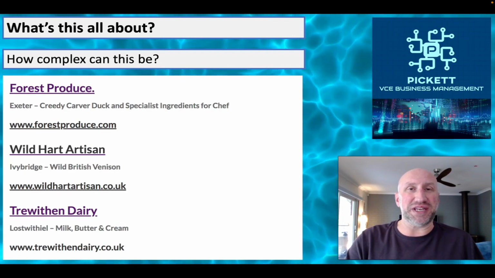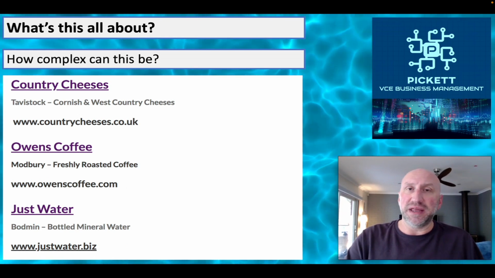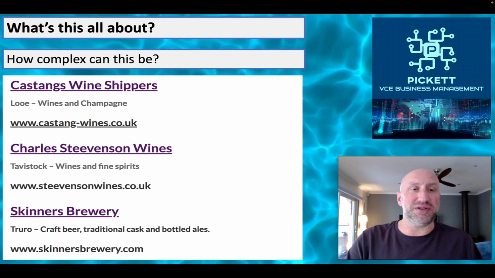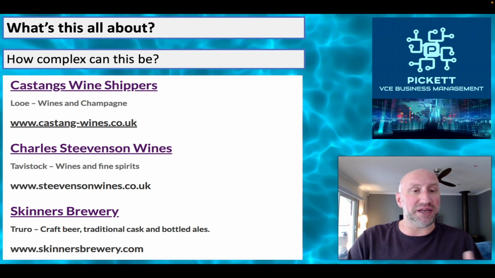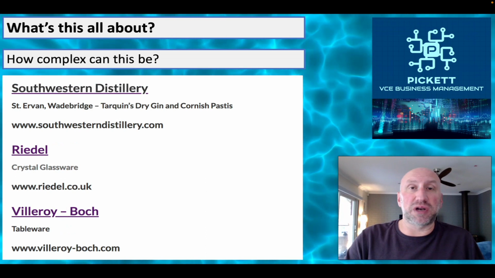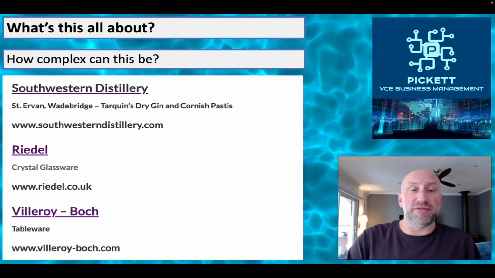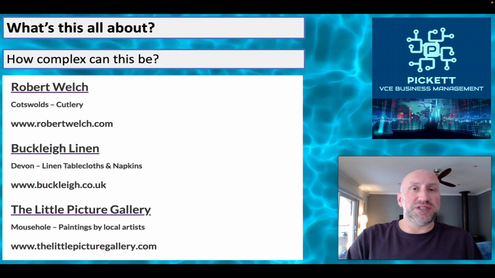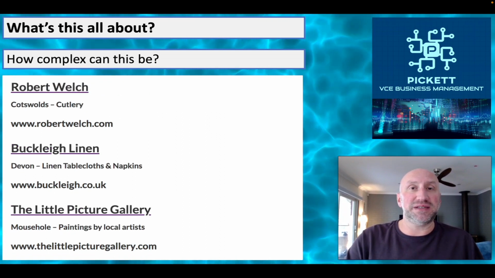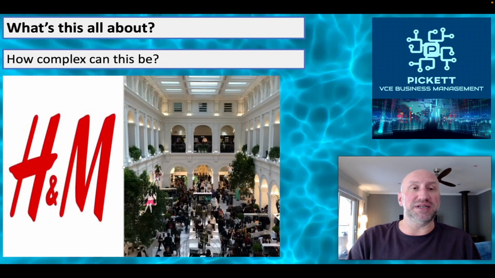As we go through all of these different suppliers, bear in mind, this is just one small restaurant. There's a lot of different suppliers that they use. And then we get on to where they're getting their drinks from. Riedel, crystal glassware. Of course, if you're in a restaurant, you need glassware. Tableware comes from Villeroy & Boch. It's a pretty complex process, even for a seemingly small, fairly straightforward business.